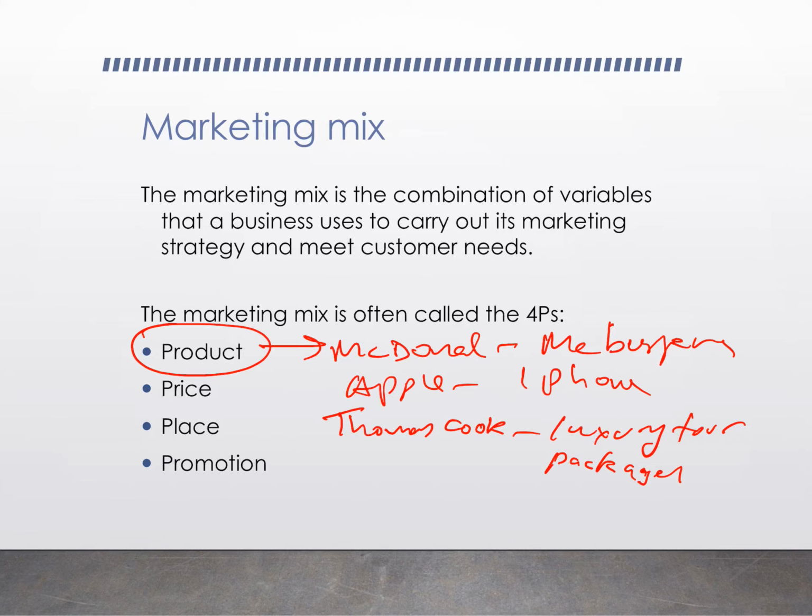When you have a product, you need to design the right price. How to design the right price? The prices should be designed based on the market demands as well. Then when you have the right price, you need to look at how you can get this product to the consumer. Where can consumers buy this particular product?